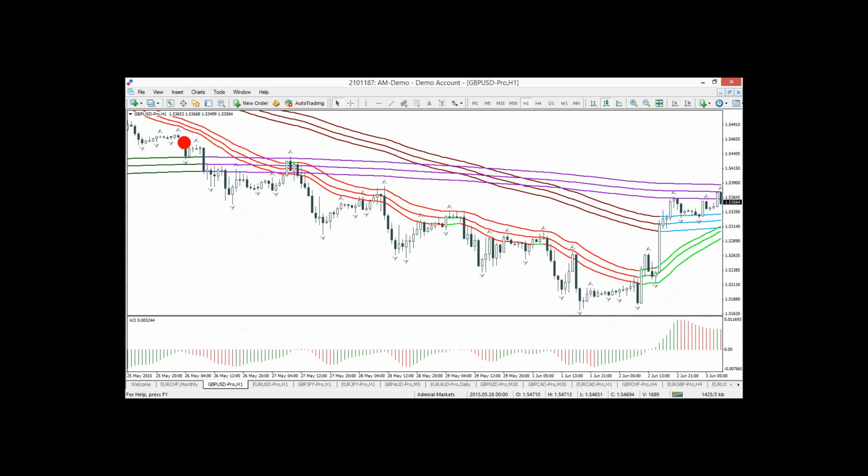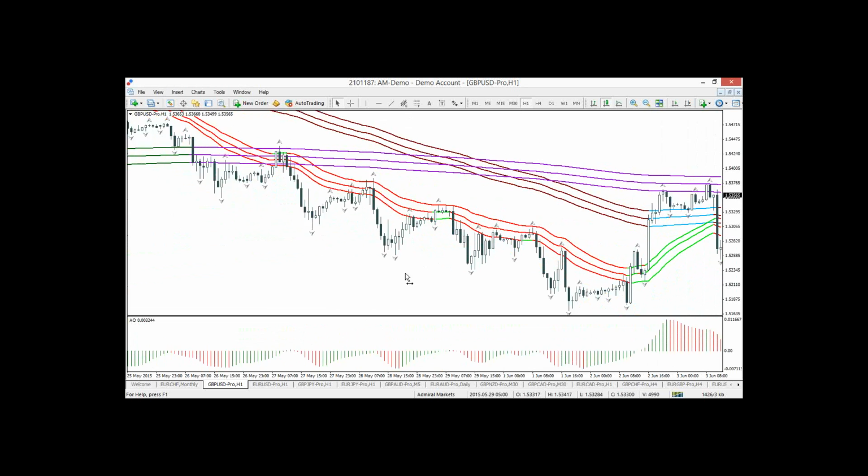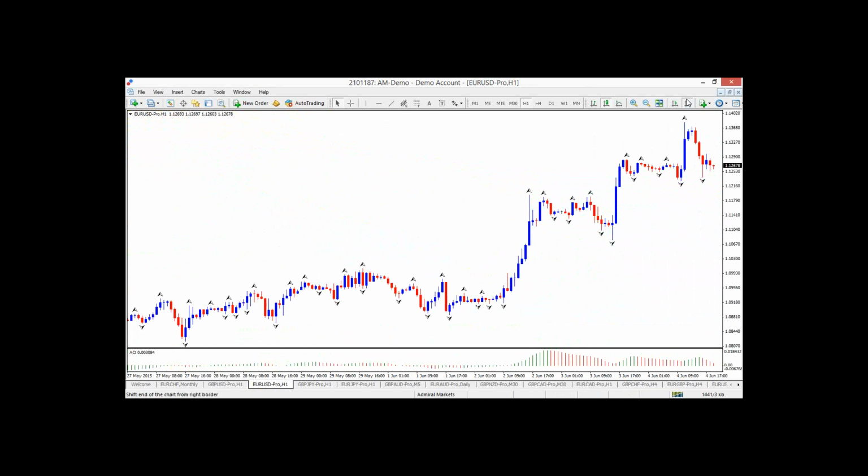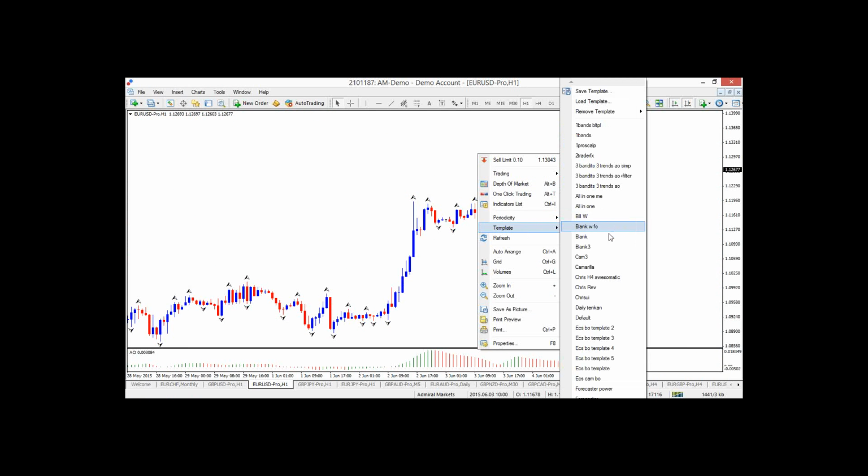And we see a big follow through, all the time respecting that 34 EMA until finally that one moment on Thursday where we got a push above it, a hook back to it, and we use it as support on the pound. That was the first zigzag. That was the first breakout. Then we got another hook back and support. The euro dollar, same thing.